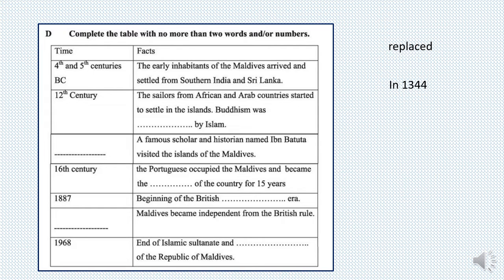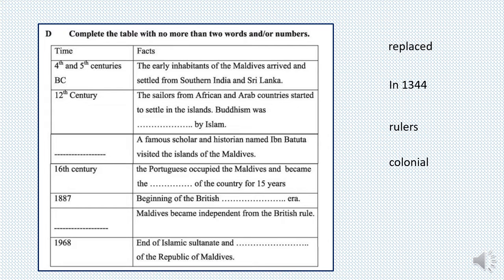16th century, the Portuguese occupied the Maldives and became the dash of the country for 15 years. Dear students, what can we use in this gap? It's rulers. 1887, beginning of the British dash era. We can use the word colonial in this gap.